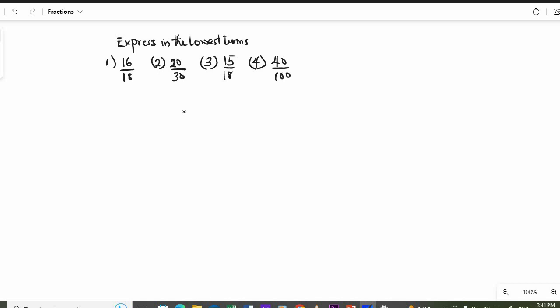Okay, so let's express all these fractions in their lowest terms. So how do we begin?